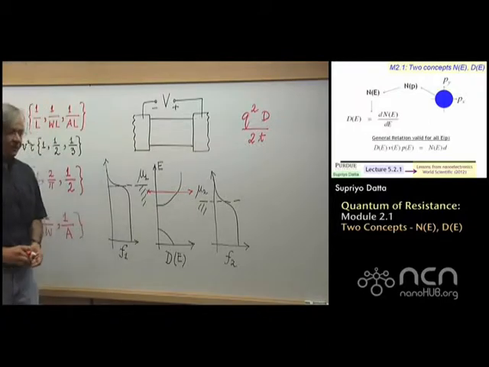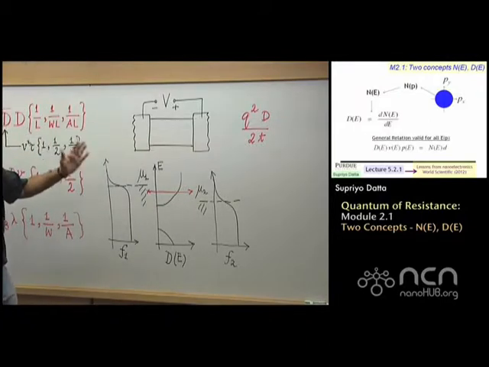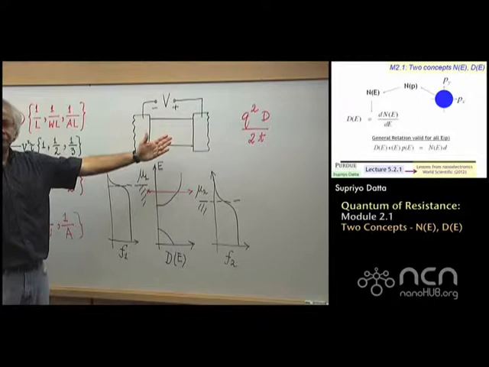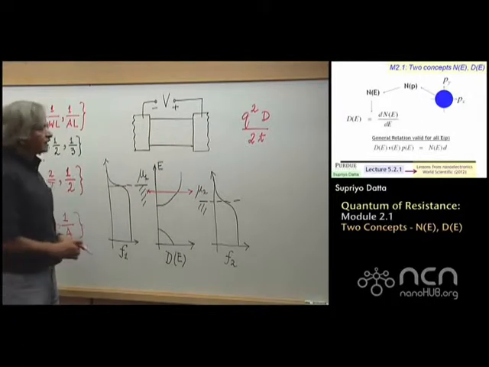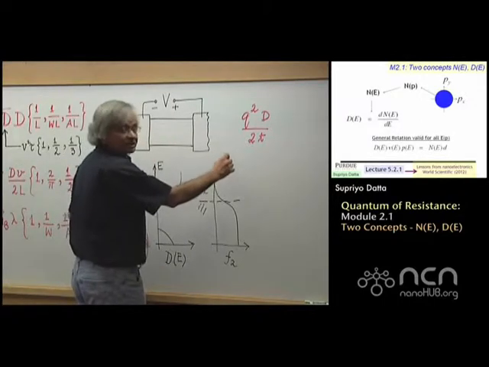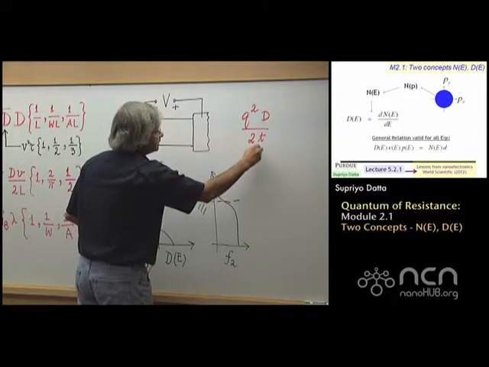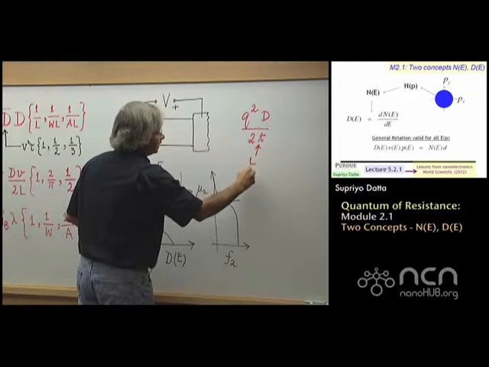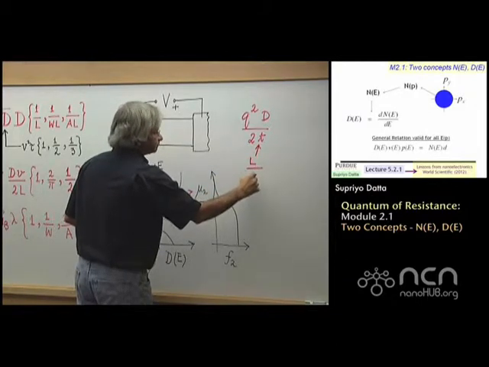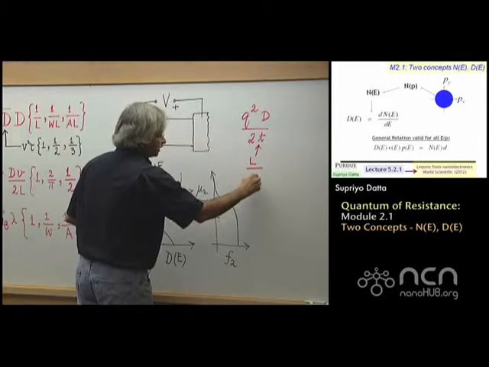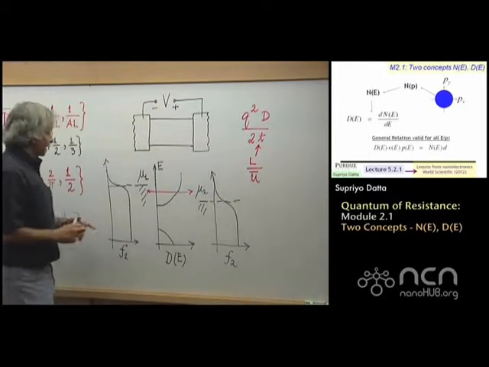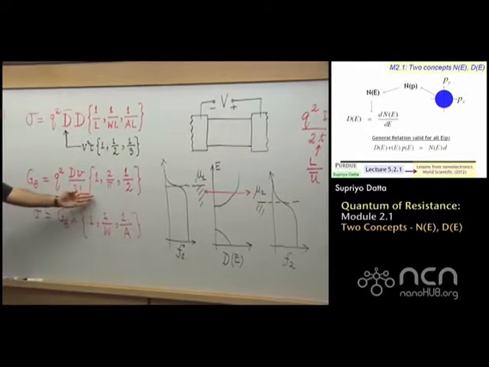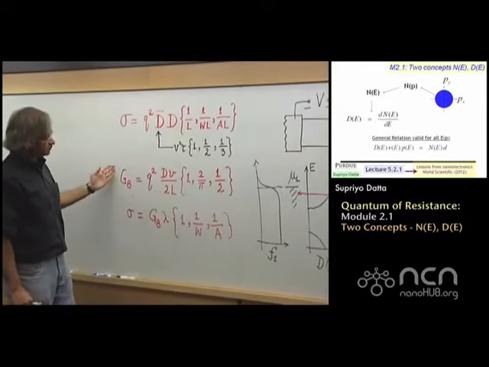And then we said, if you have a ballistic conductor where electrons go straight through, then you can write this time as length divided by the average velocity. And based on that, we obtained an expression for the ballistic conductance.